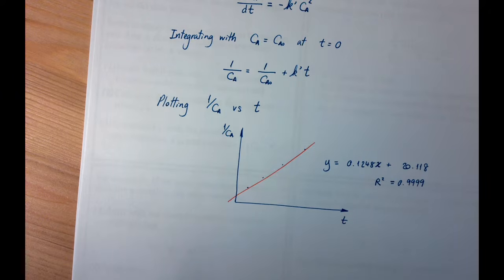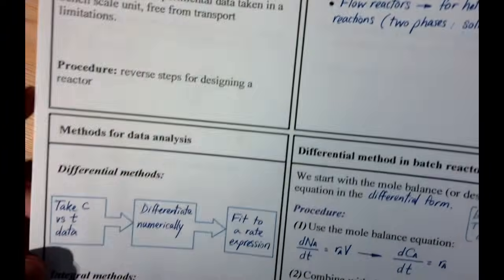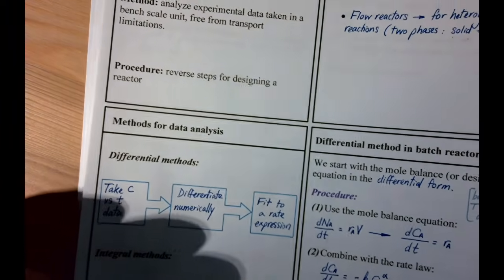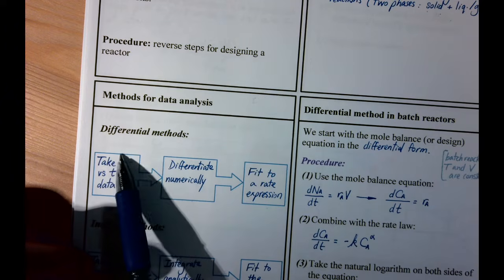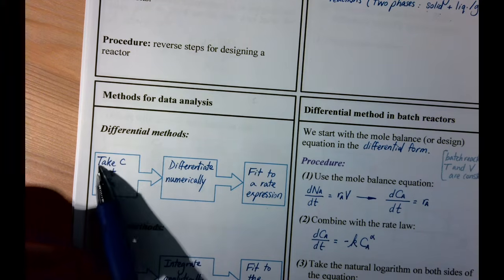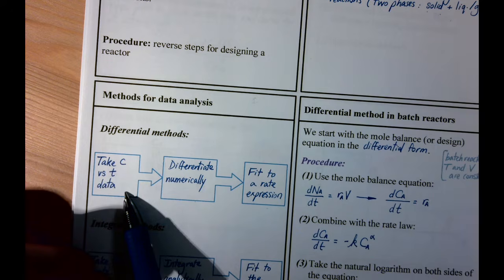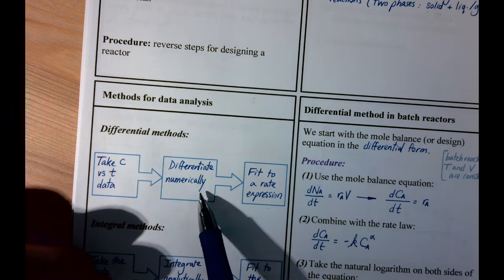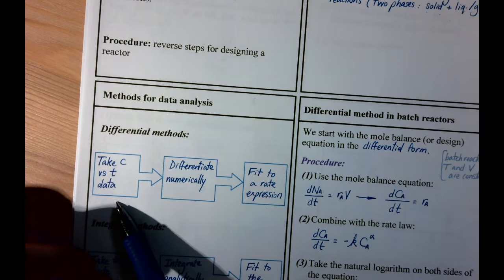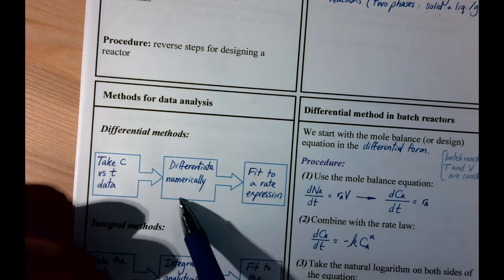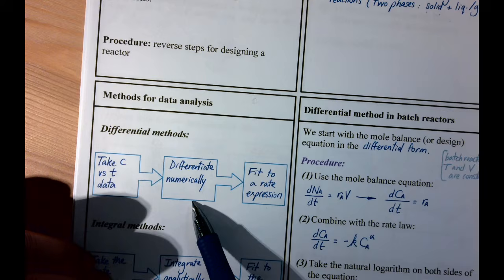So as you can see, going back to the beginning, for the differential method, which was the first example we looked at, we started with the concentration versus time data. We differentiated those experimental data points and calculated dCA dt.